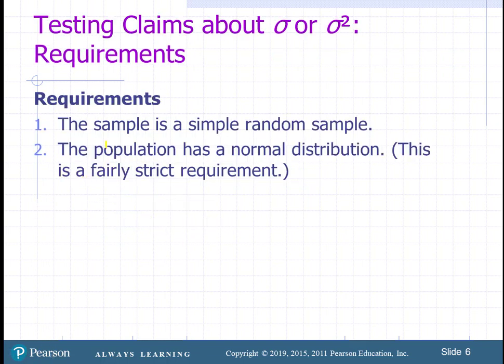Things that are important, as with all the tests we've studied so far, are a simple random sample. But with our test of standard deviations, the population normal distribution requirement is more strict than it has been for our other tests.